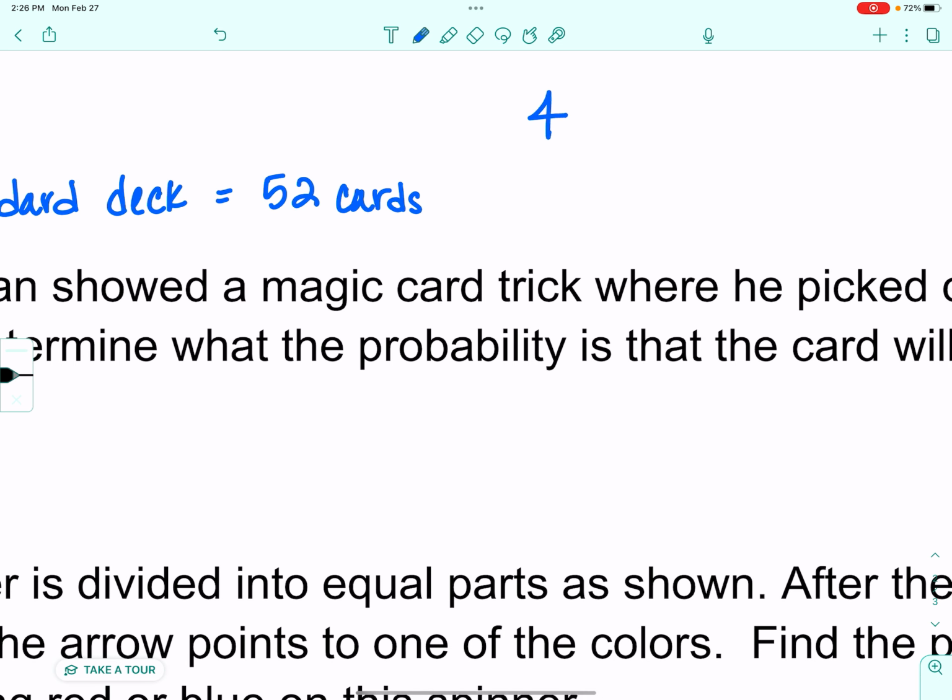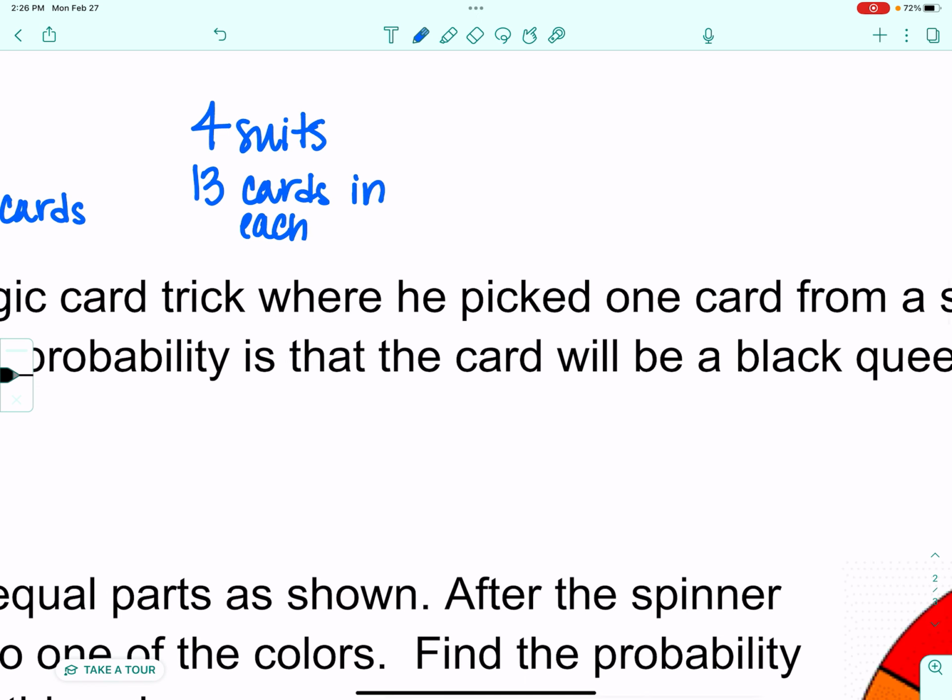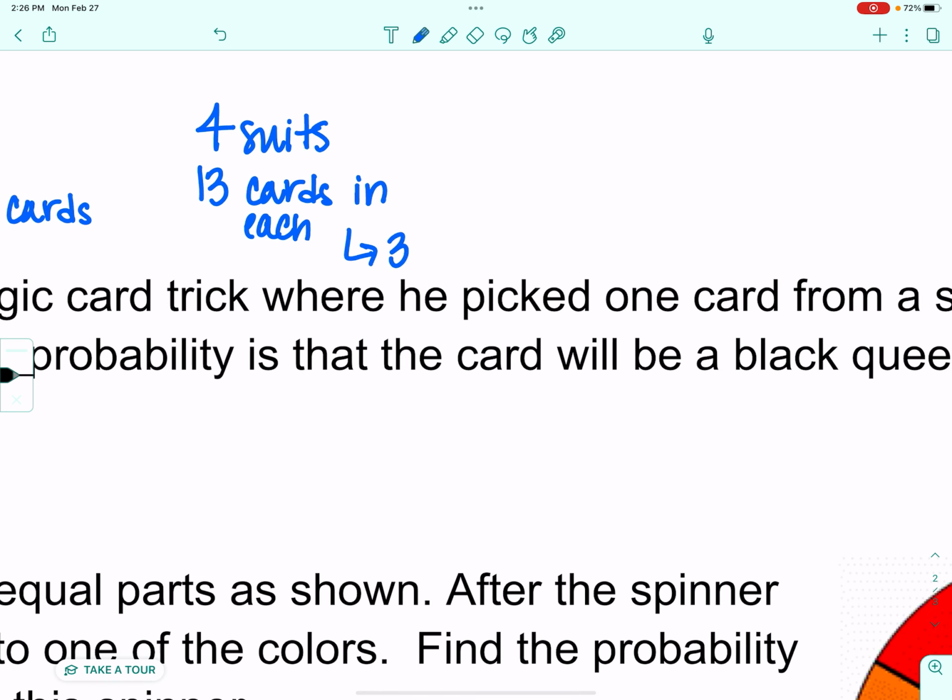There are 4 suits, 13 cards in each. And 3 of those cards are face cards. The Jack, the Queen, and the King.